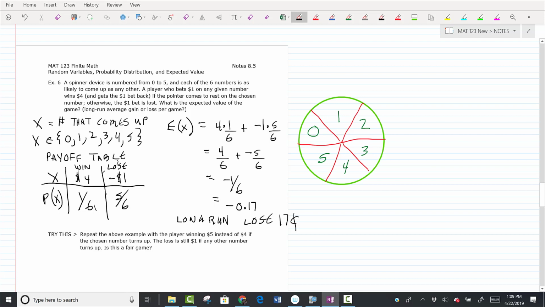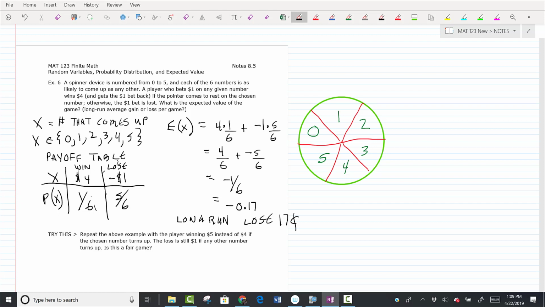They want the expected value to be negative. They want to win more than you win. That's how they stay in business. So they could play with these numbers, 4 and 5 or whatever, and adjust those numbers so that the expected value comes out in whatever favor they want. Does that make sense to everybody?